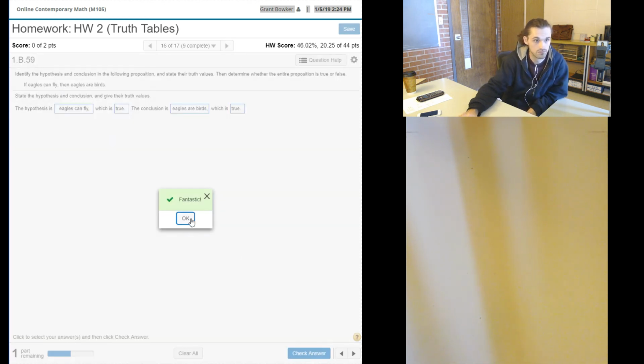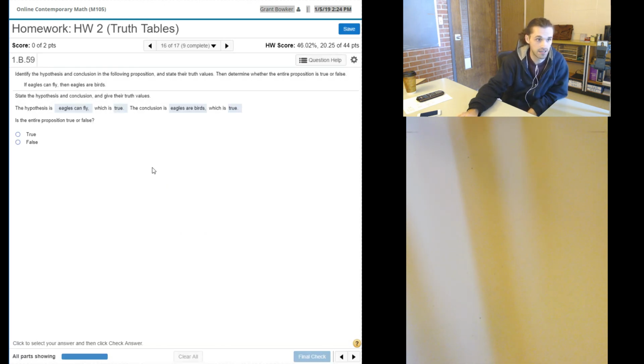So the hypothesis is eagles can fly, which is true, last time I checked. The conclusion is eagles are birds, right? The conclusion is the second half, or the piece that follows after then. Eagles are birds would be the conclusion. Eagles are birds, so that would be true. So the entire proposition, is it true or false?